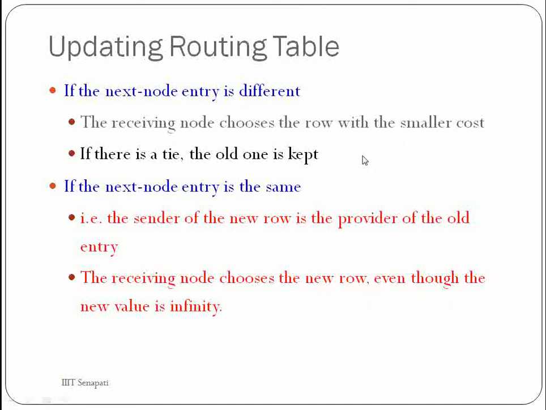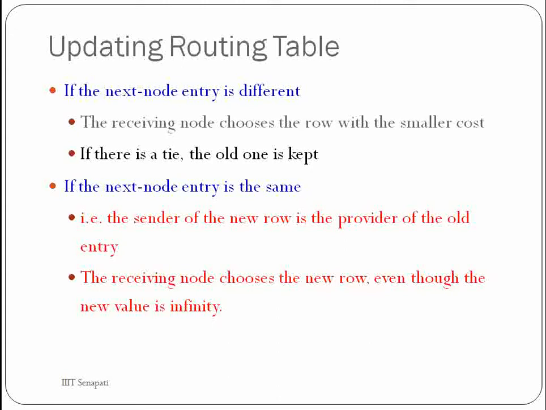Say there are two nodes A and B, and they want to reach some node E. The next node is different, meaning A reaches E through D and B reaches E through C. Here it has to decide: if A can reach B, and from B through C it can reach E, and if that is less costly, then we can leave D and consider B, right?